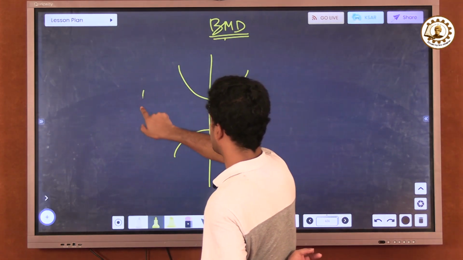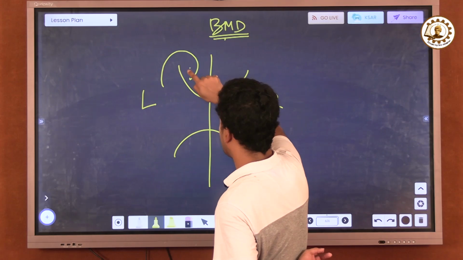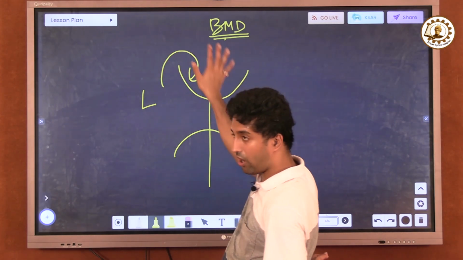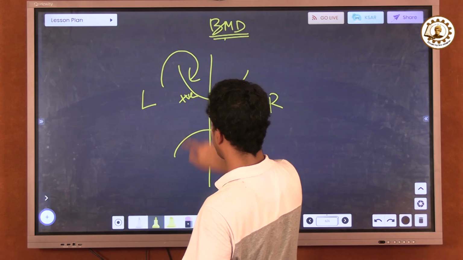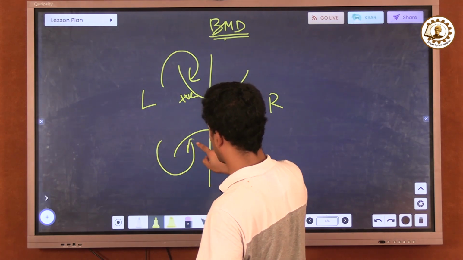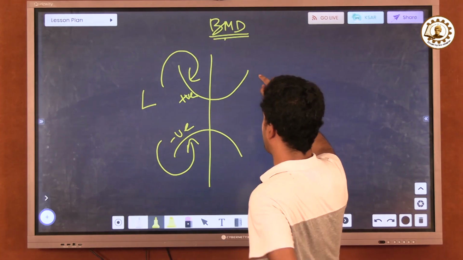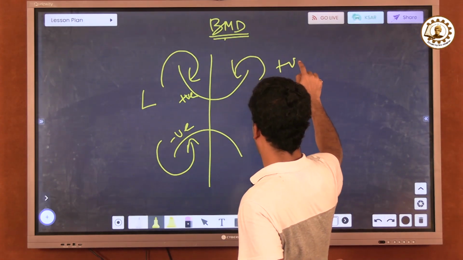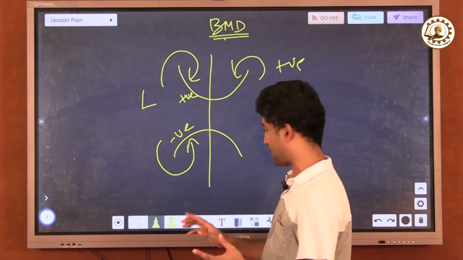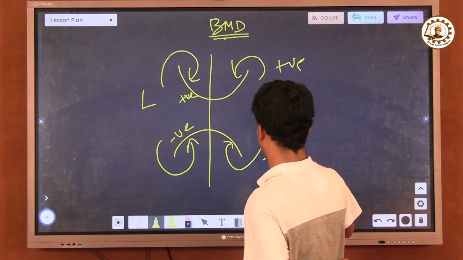Now this is for left side, this is for right side. That means any clockwise moment from the left side will be positive, and any anti-clockwise moment will be negative. Now vice versa, any anti-clockwise moment from the right side will be positive, and any clockwise moment from the left side will be negative.